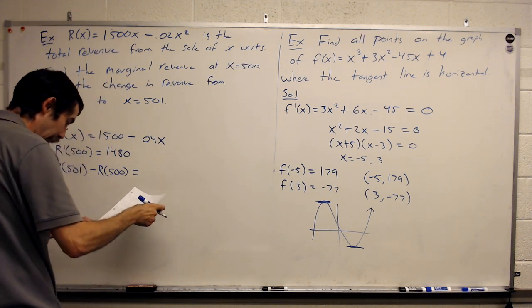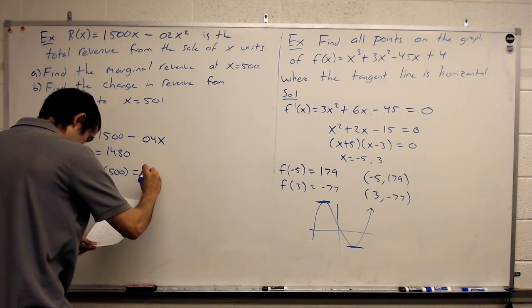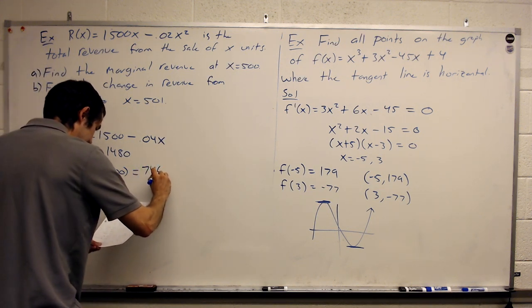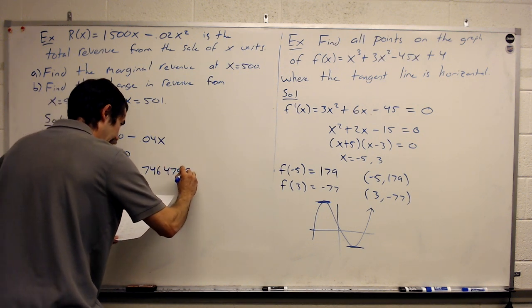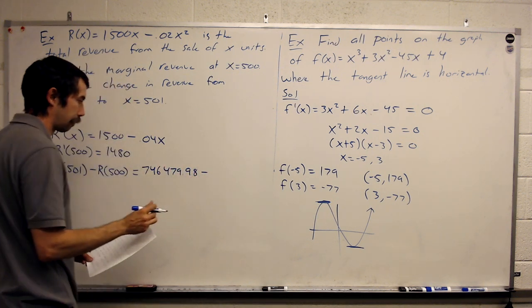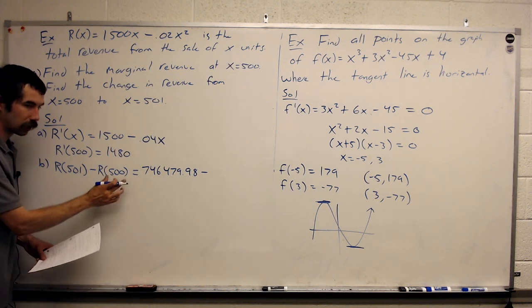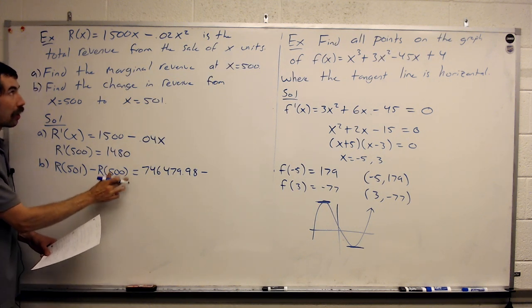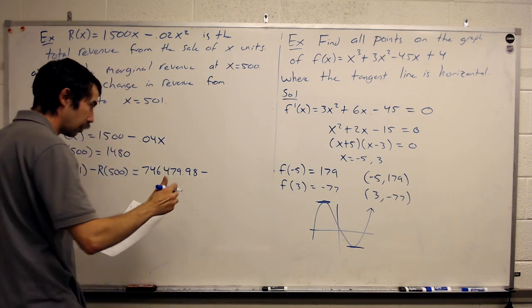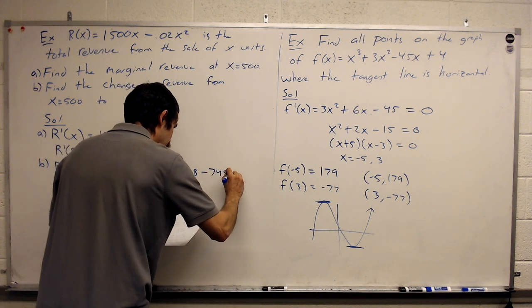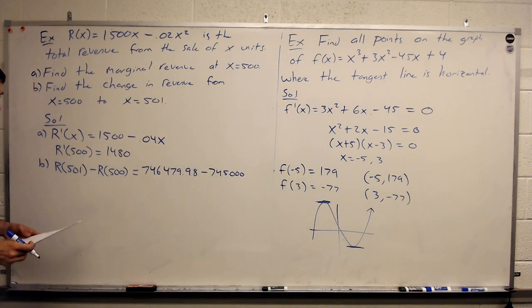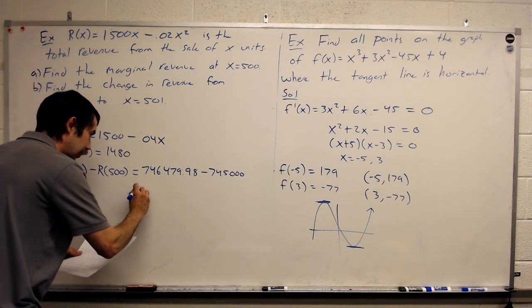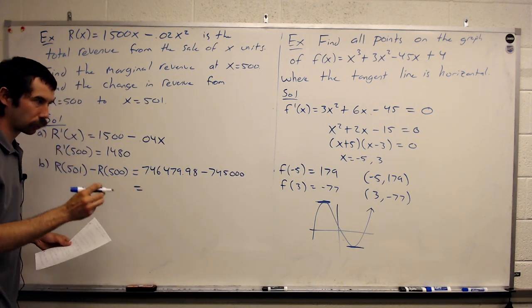That gives a value of $746,479.98. And then we subtract off when we sub in 500 into our R function, which is $745,000. All right, and we take this difference, and so this is the actual change in revenue.